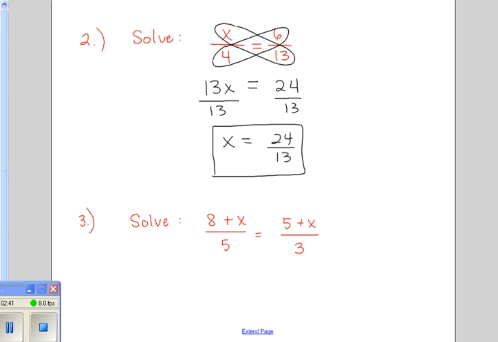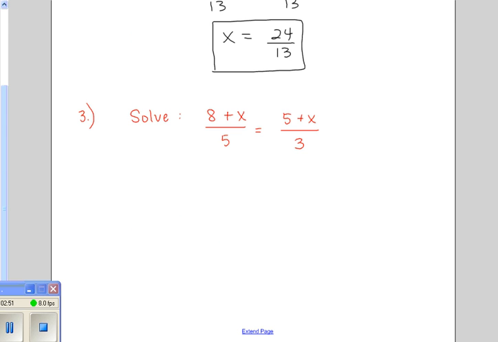Okay, number 3, you have 8 plus x over 5 equals 5 plus x over 3. Looks a little different than the other two, but we can still work these out exactly the same way. Remember we said cross multiply because it is just two fractions. 3 times 8 plus x.